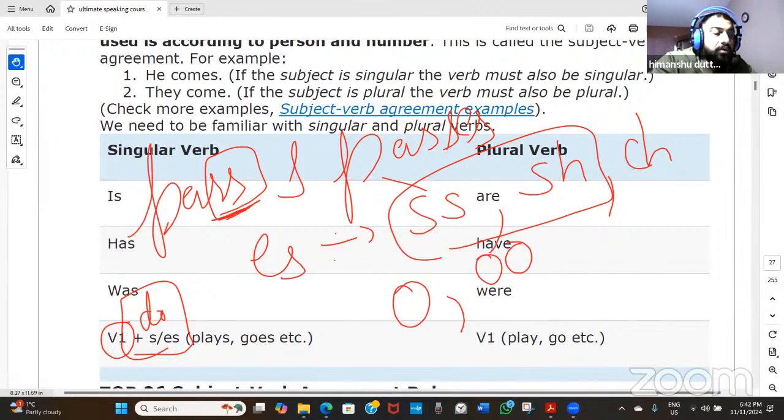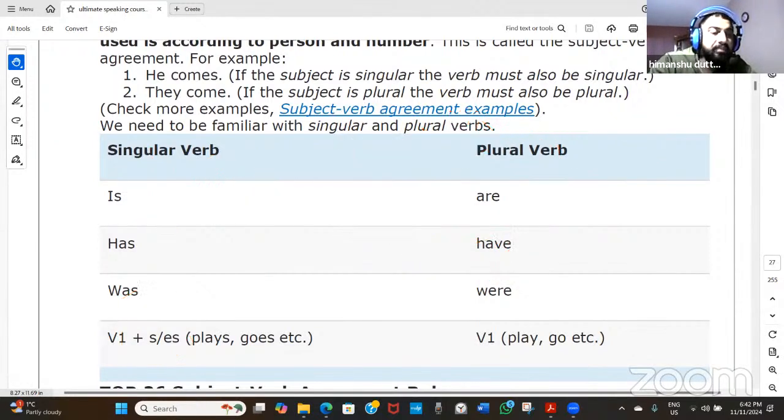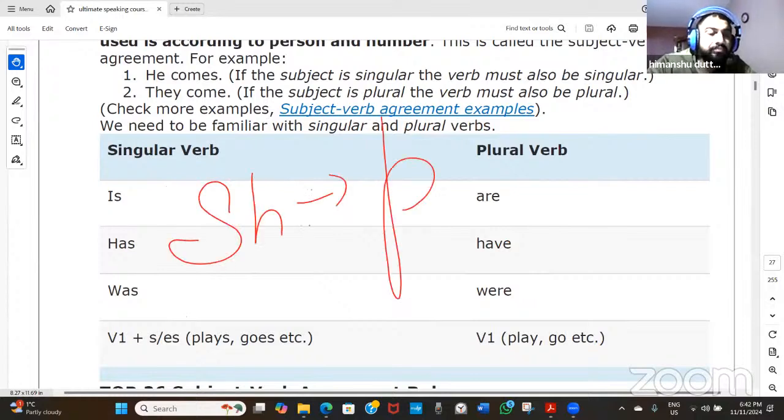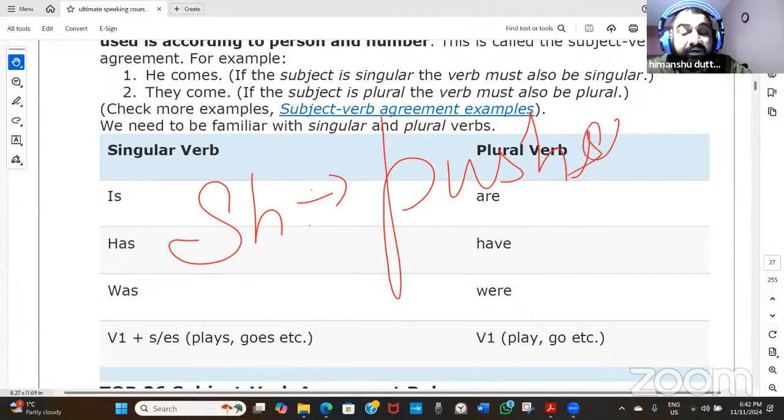Then, for example, I'll give you another example, sh, like push. So when we say push, then we won't say s with that. We will write es with that. We will add es to that. That's a common topic that you need to understand.